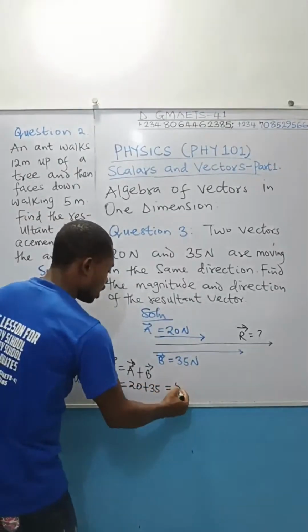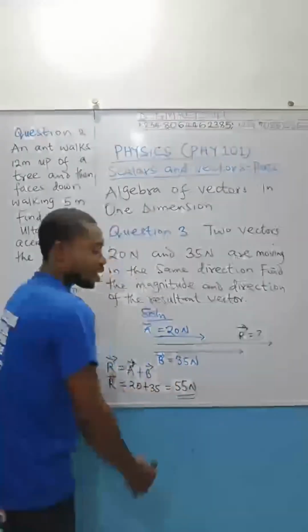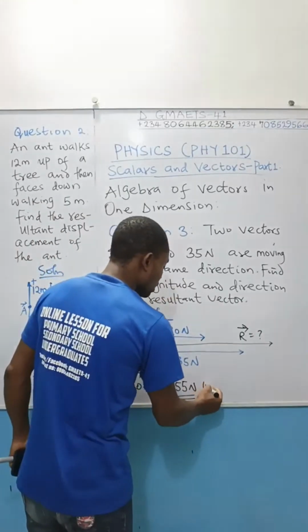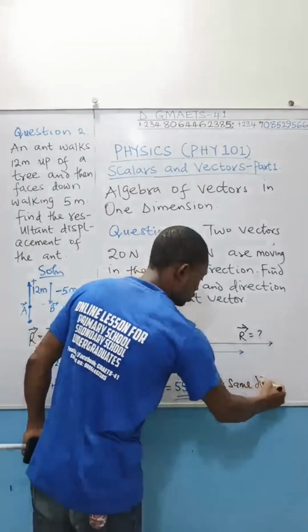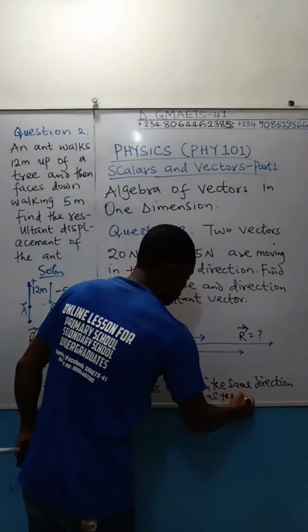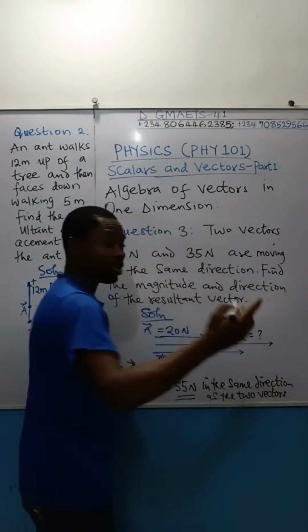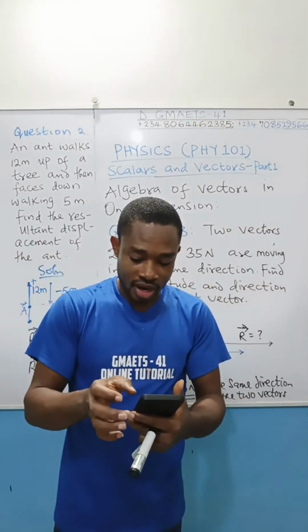If you add this together, you're going to get 55 Newton. And the direction will be in the same direction as the two vectors. 55 Newton in the same direction. Since the two vectors are moving in the same direction, the resultant will also go in that same direction.